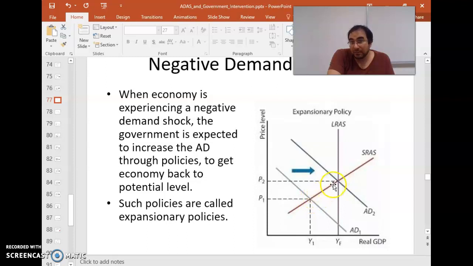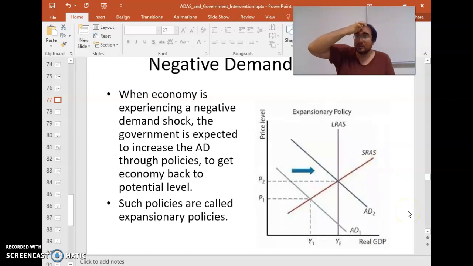Even in the short run, you might be able to return to the long-run equilibrium point. So you shift from AD1 to AD2, and by doing that, you return to the long-run potential output level. In the short run, you are still on the same short-run aggregate supply curve.